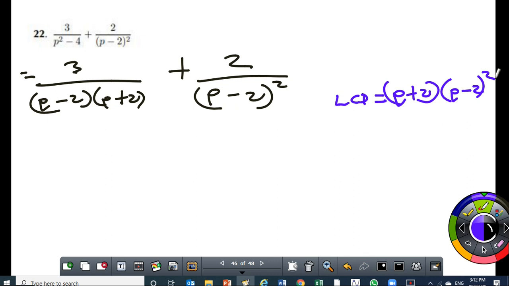So here, p minus 2 all squared is a multiple of p minus 2. It is also a multiple of itself. Okay? P minus 2 all squared is not a factor of p minus 2, but p minus 2 is a factor of p minus 2 all squared.